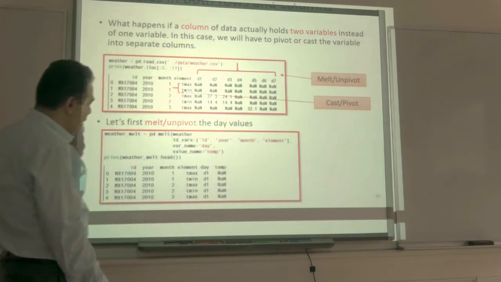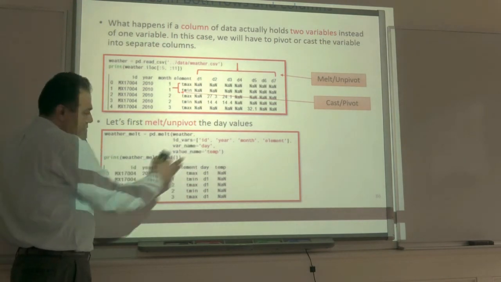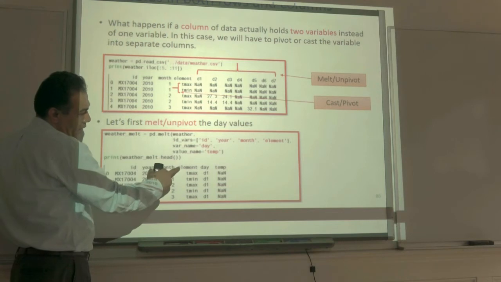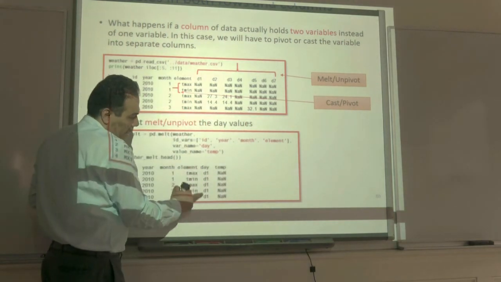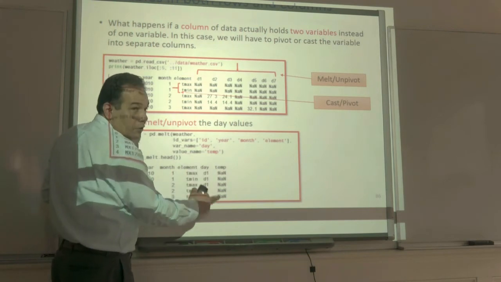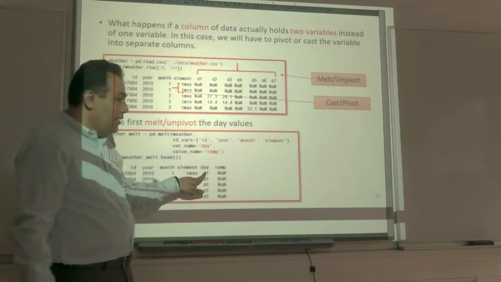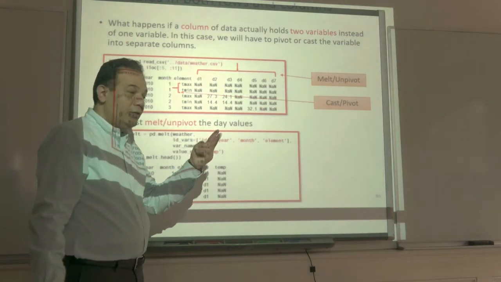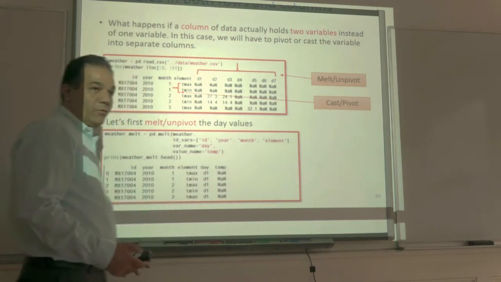So when you melt it, what do you have now? We give names like day and temperature. So ID, year, month, element, and we replace all of these with two columns, the day and the temperature. But each day has two values, right? Max and minimum. So the next step we have to cast it.